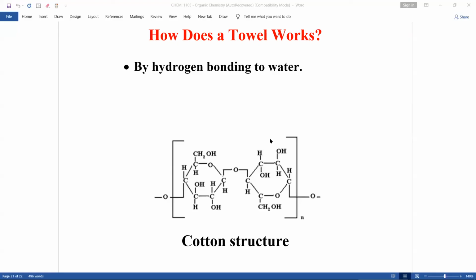All right, how does a towel work? By hydrogen bonding to water. Remember we talked about hydrogen bonding.